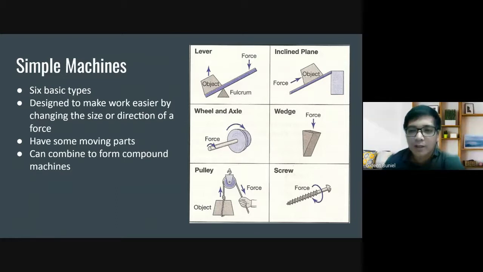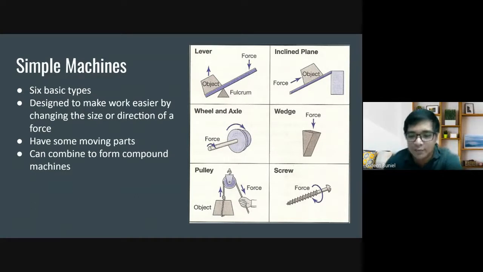The common one is the pulley. If you're familiar with this, like the flag when you do flag raising, that's a pulley system. When you pull the string, an object will rise up. For example, when you pull the string, the flag rises up the flag pole, and that's one example of a pulley system. Mostly, the pulley system is used in construction.